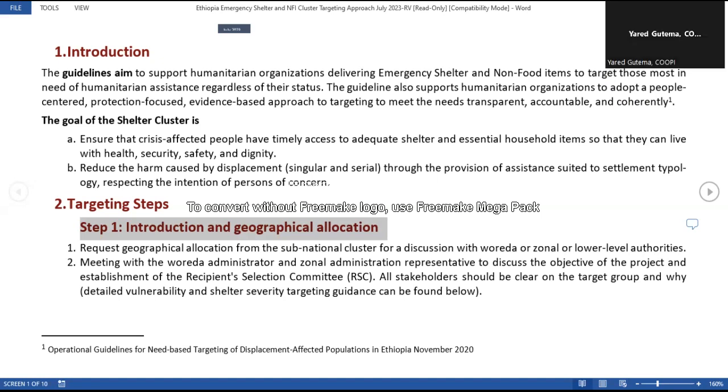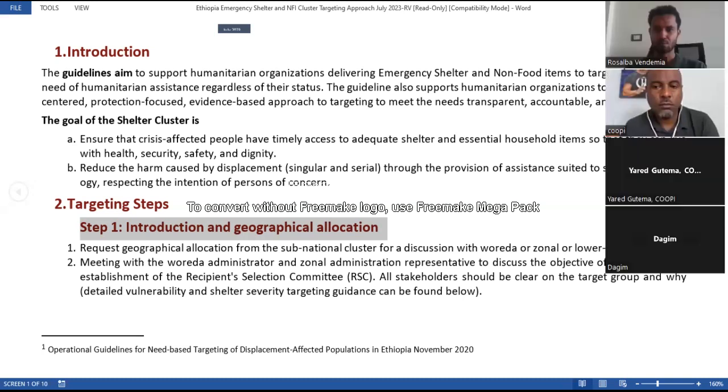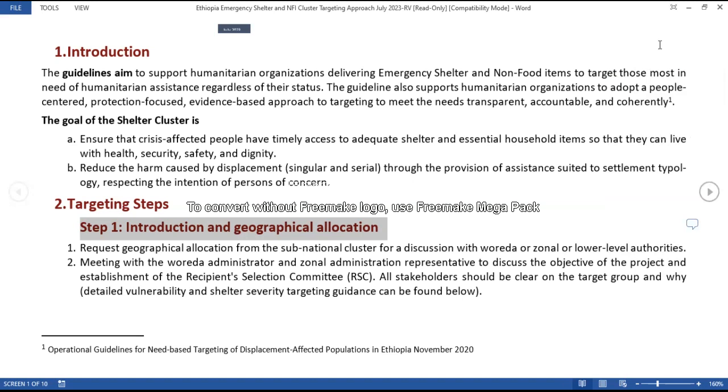The second one is a continuation of this one. Once we identify the geographical locations, we also have to introduce our objective. That means our response has its own objective. So we have to introduce this as well as our scope. Most of the time we introduce the objective or our response plan, but we lack in properly letting people know our scope.